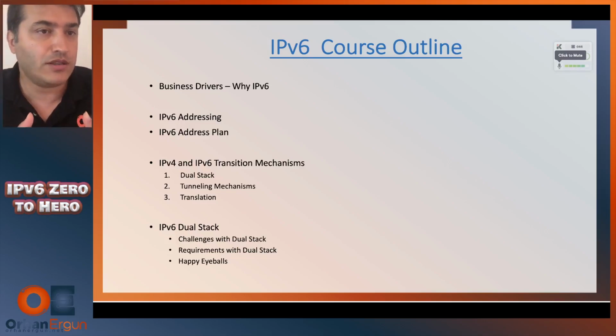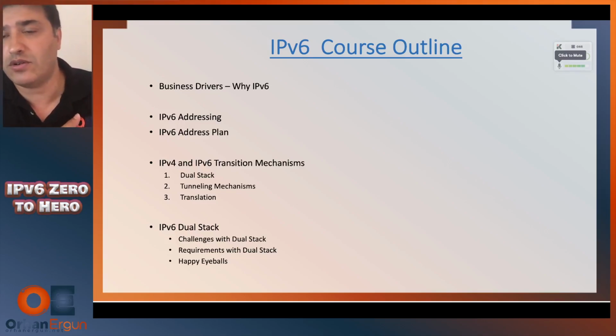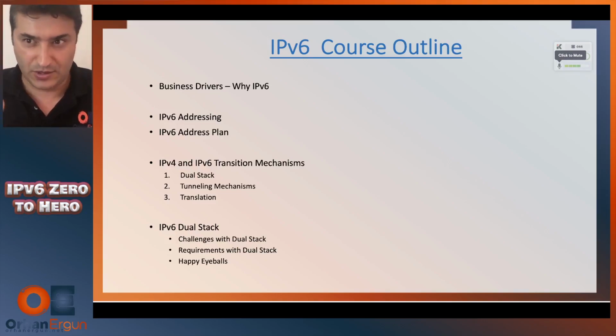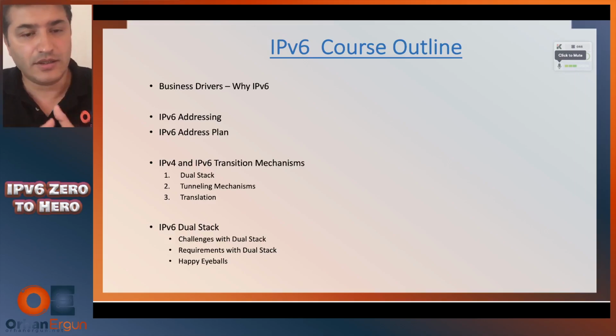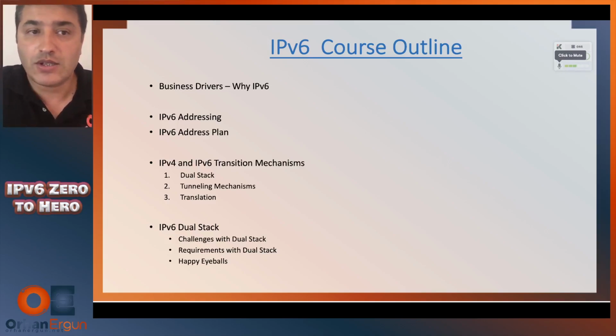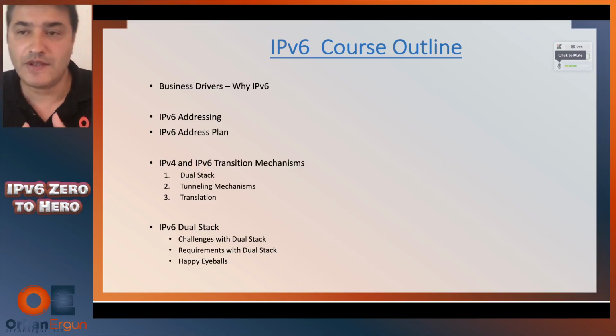Why are we using them together? Obviously, IPv4 content will be with us for a long time. This course is around 2021. It will be published. So we don't know, maybe in 2030 we will still be using IPv4. That's why both v4 and v6 will be used together for quite a long time.